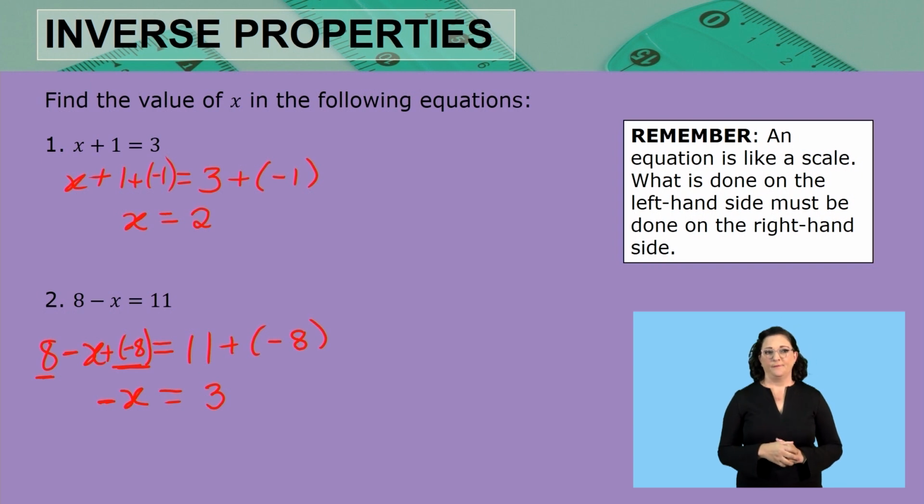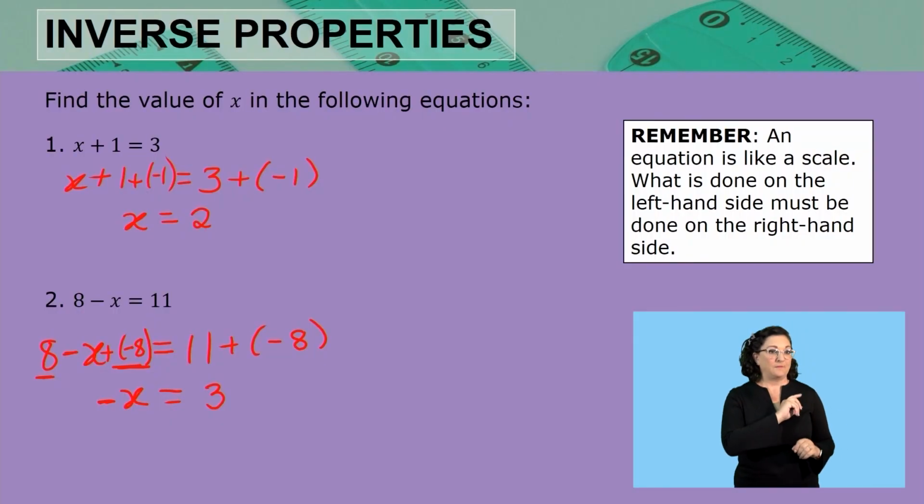Now, we still don't have our x value because of that negative there. And whenever we have a negative number and we want to make it positive, then all we need to do is multiply by a negative 1. Remember, a negative multiplied by a negative will give us a positive, and multiplying by 1 doesn't change the value of that sum. So we are going to now multiply by a negative 1.